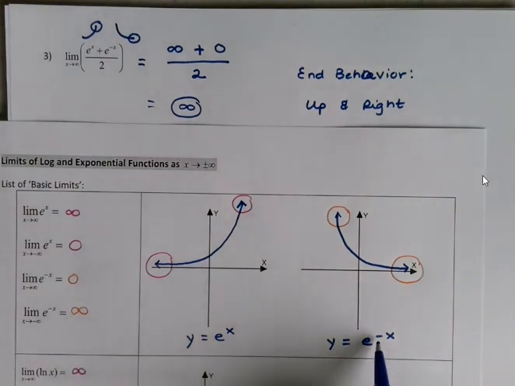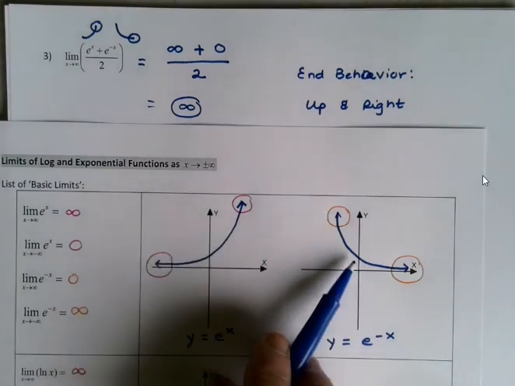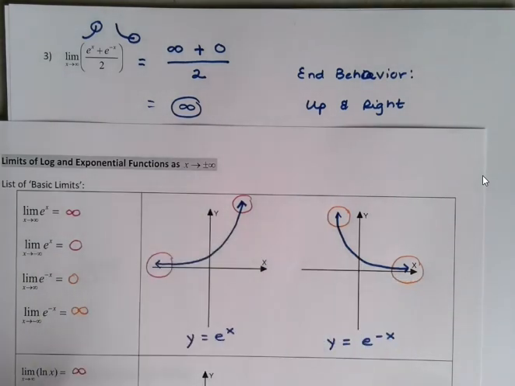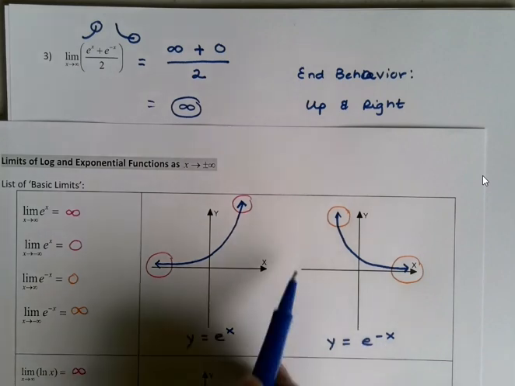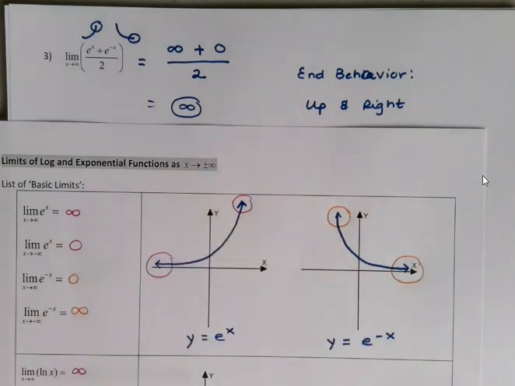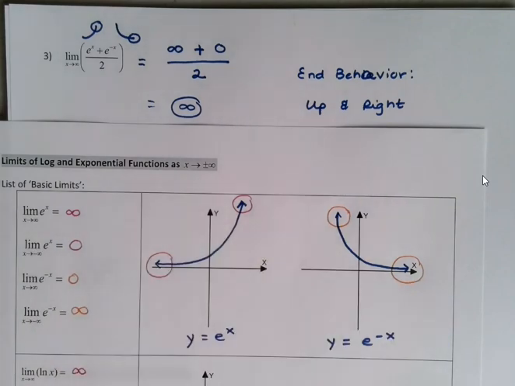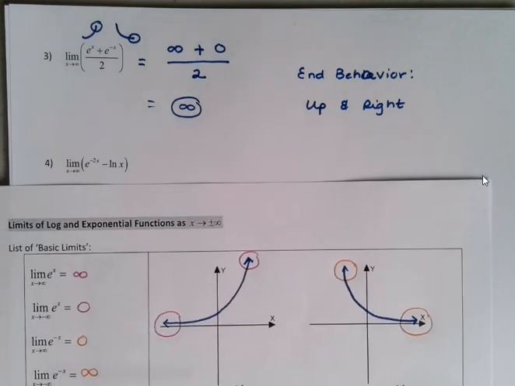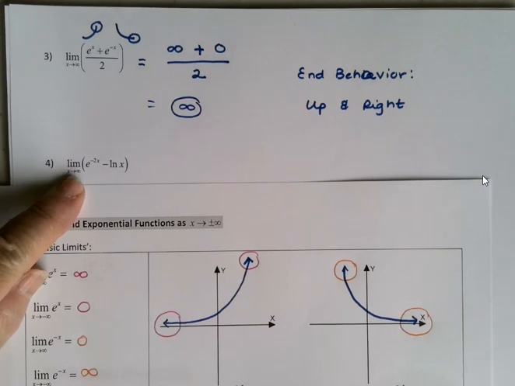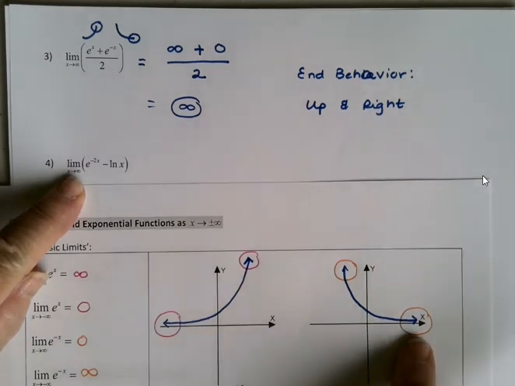Would you agree that any e to the negative exponent will be an exponential decay graph and is going to have that same shape? So it really doesn't matter if that's e to the minus x or e to the negative 2x or e to the negative 5x. They're all going to have that same shape. And they're all going to be infinitely large on the left side and 0 on the right side. So when I go to do this one, we're going to infinity, and I'm going to say it behaves just like this. It's going to go to 0.